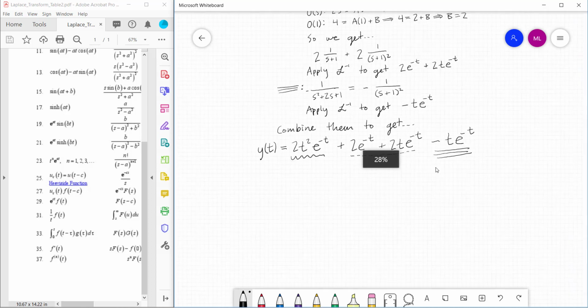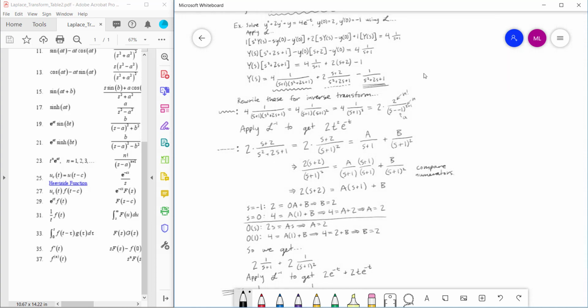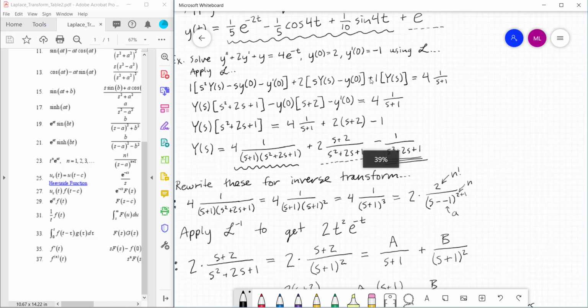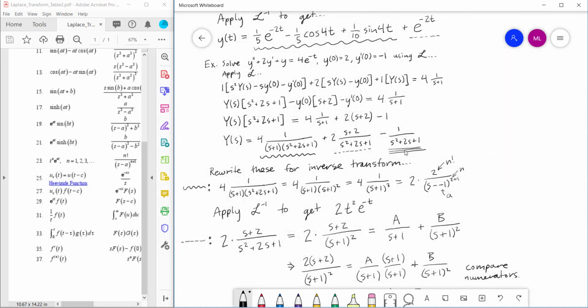But leaving it this way, we can trace back and say, okay, going from here, the triple underline term came from this term, which came from this term, the y prime term, which came from this term. And the dashed term came from this term, which came from basically two places, right here and right here, which really came from that initial condition.